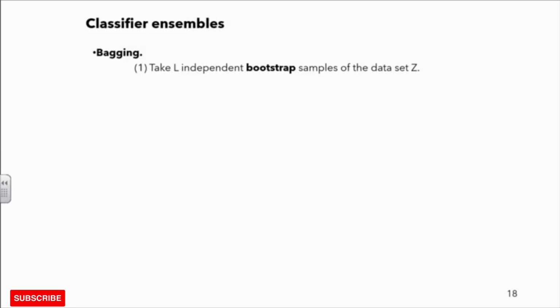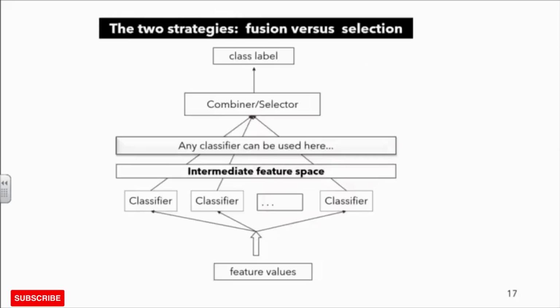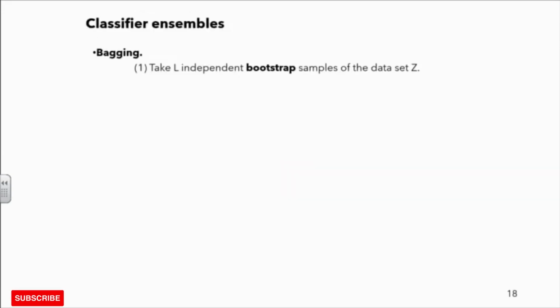And we're going to pick random points, random objects in that set to build something for training. And what happens in Bootstrap is purely random. So we just take random samples here, and an object could be repeated several times. So we take L. L is the number of classifiers.